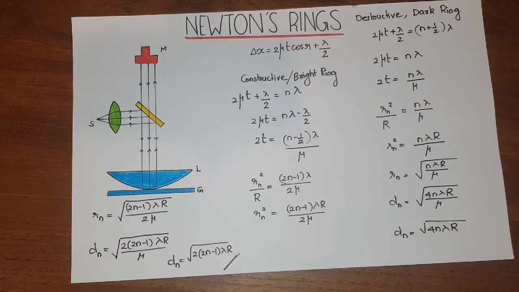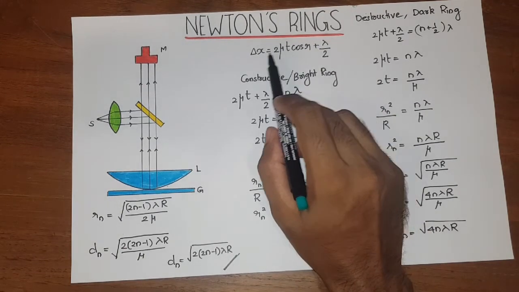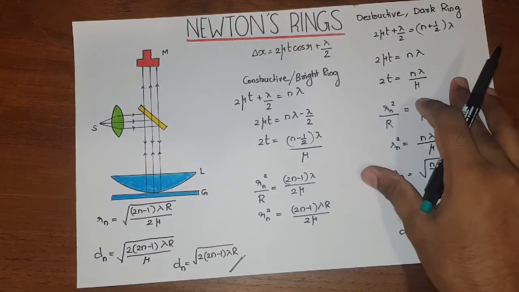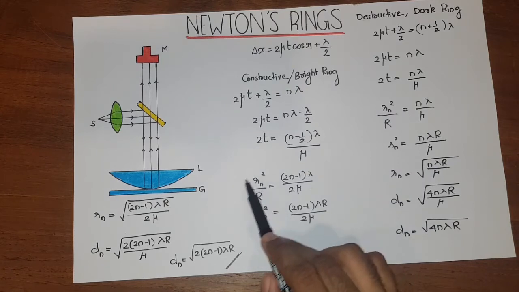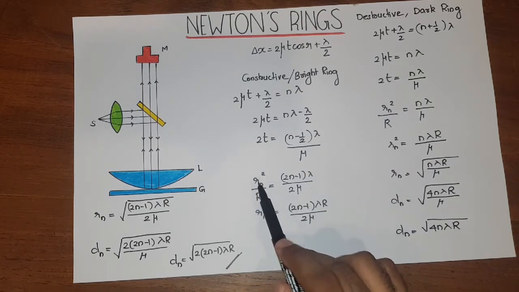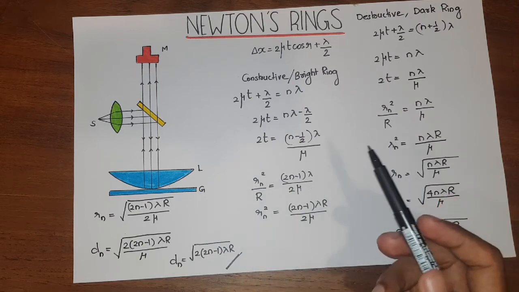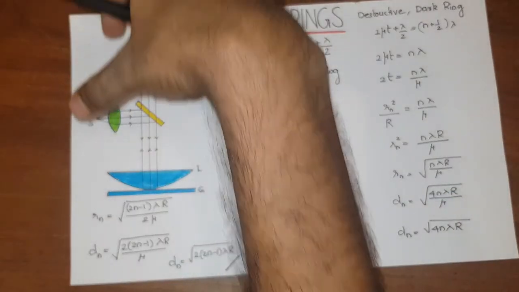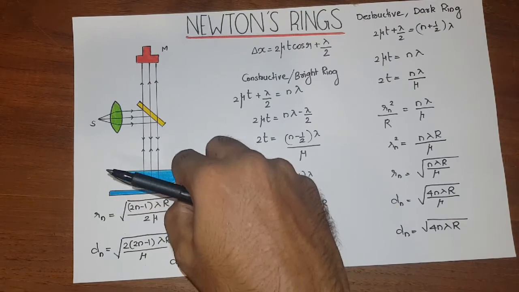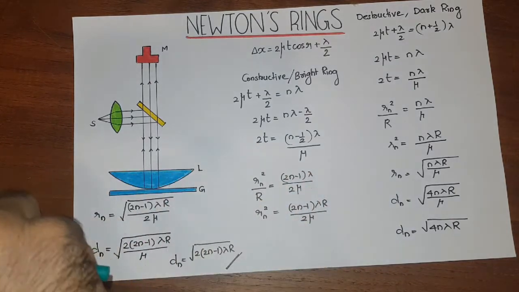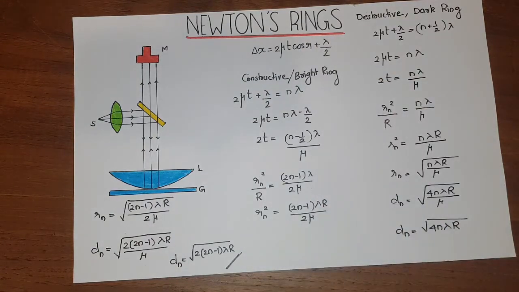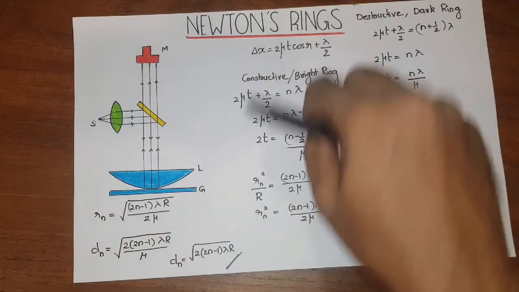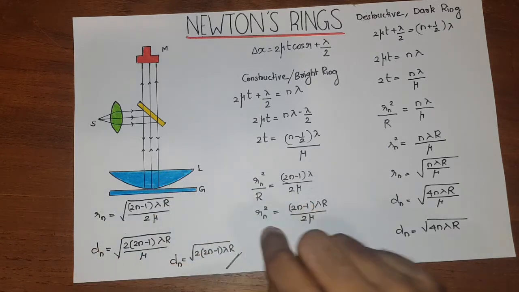I already told you, if you look at this condition, this thickness will determine what kind of interference is happening everywhere, because this thickness is directly related to the radius of the nth ring. And why did we call it a ring? Because if we observe from the top, the locus of all the points where the thickness is the same will be a circle.